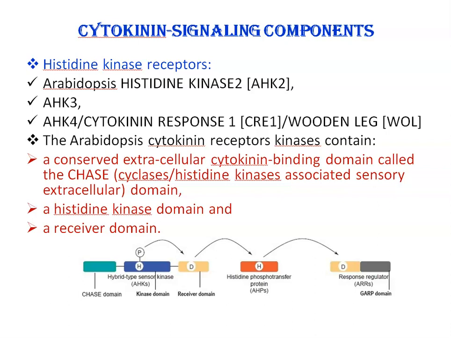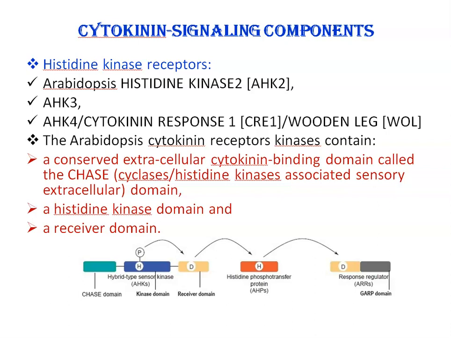Three types of histidine kinase receptors are there in cytokinin signaling. First is Arabidopsis histidine kinase 2, AHK2. Second is Arabidopsis histidine kinase 3, AHK3. And third is Arabidopsis histidine kinase 4, that is AHK4.